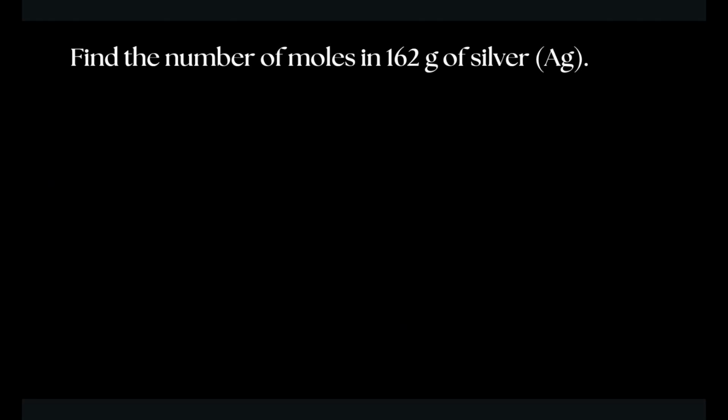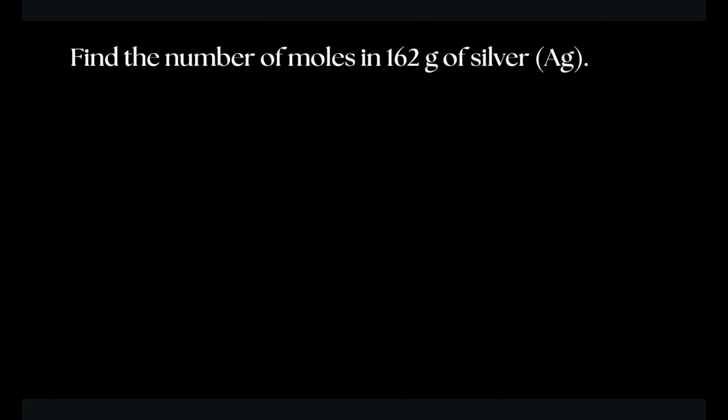All right, so we are going to take a look at an example of how we use a mole in everyday life. Our first one is to find the number of moles in 162 grams of silver. What we're going to do is use dimensional analysis to do this.